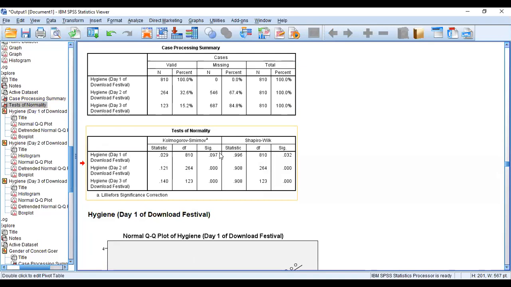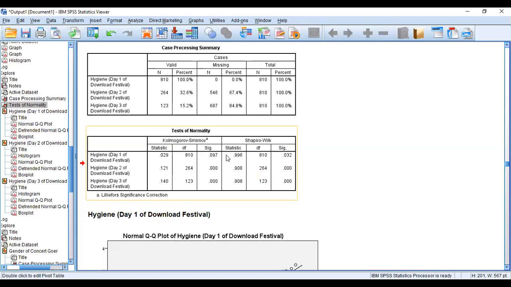Through the case test we can identify the value of skewness and kurtosis. Here we can see the p value, it is greater than 0.05. It means my data is normally distributed. We should keep in mind, for checking the normality, we want p value greater than 0.05.